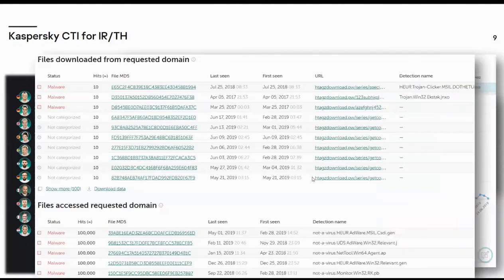Now, at the same time, one of the value propositions as well is the amount of data that you can extract from a single piece of information.